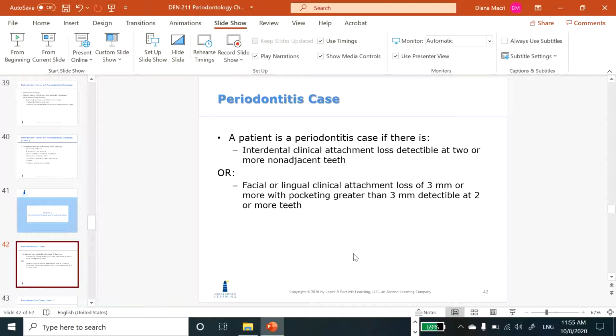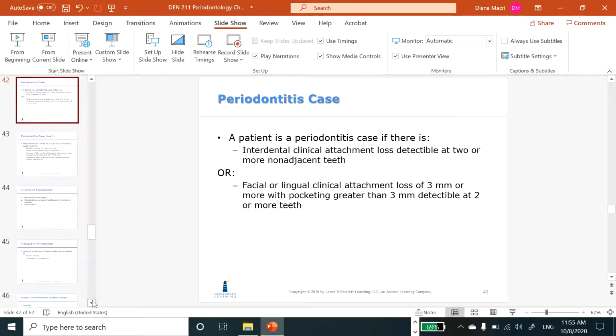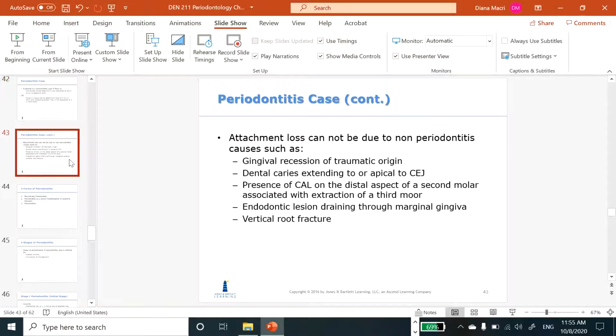And we're going to go over this a little bit more. I know this is a lot, but it will make sense as we go ahead. Attachment loss cannot be due to non-periodontitis causes, such as gingival recession of traumatic origin, dental caries extending to or apical to the CEJ, clinical attachment loss on the distal aspect of a second molar associated with extraction of a third molar, an endodontic lesion draining through the marginal gingiva, or a vertical root fracture.